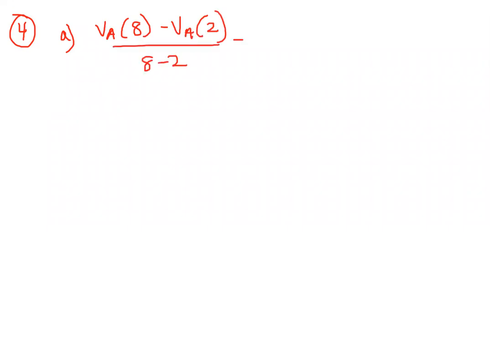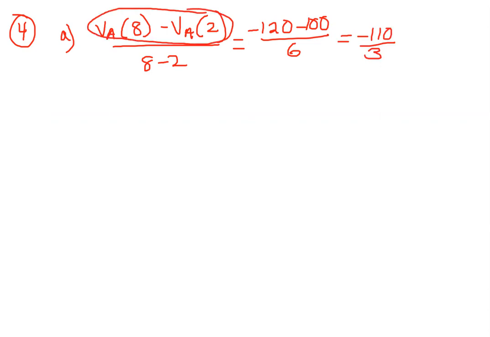And we're going to find those in the table and say -120 minus 100 over 6 equals -110 over 3. And what is it going to be? This is measured in meters per minute, and this is minutes. So this is meters per minute squared. Okay, you get 1 point for that.